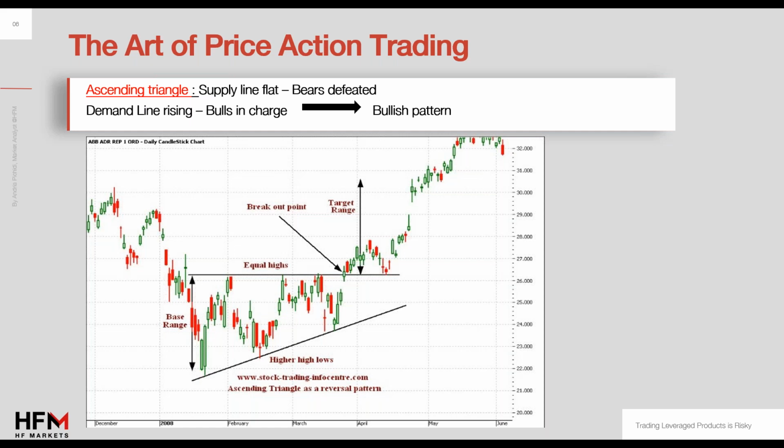As I said, it's not only a matter of price action, but also patterns that you can spot with candlesticks. So that's one more example. In this case, we don't have consolidation, we don't have a ranging market, but we have spotted an ascending triangle. What I mean is, the asset used to be in a downtrend, right?